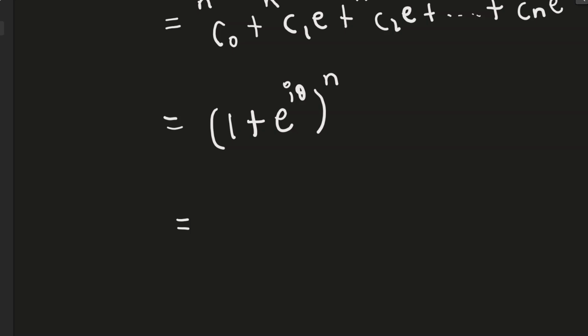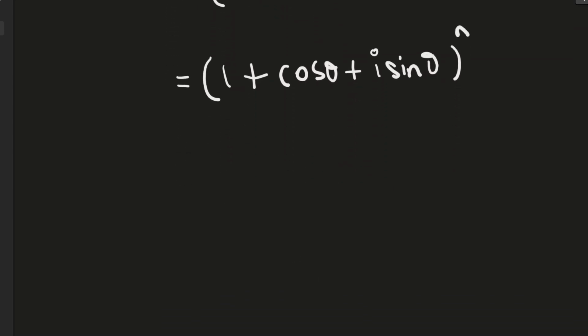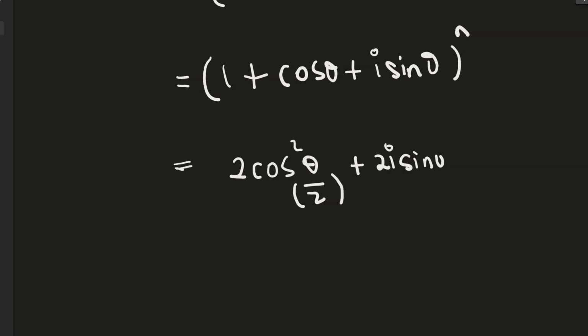Let's simplify it further. Let's write e to the power iota theta as cos theta plus iota sin theta, to the power n. And we know that 1 plus cos theta is nothing but 2 cos square theta by 2, and sin theta is 2 times sin theta by 2 cos theta by 2, and that's whole to the power n.